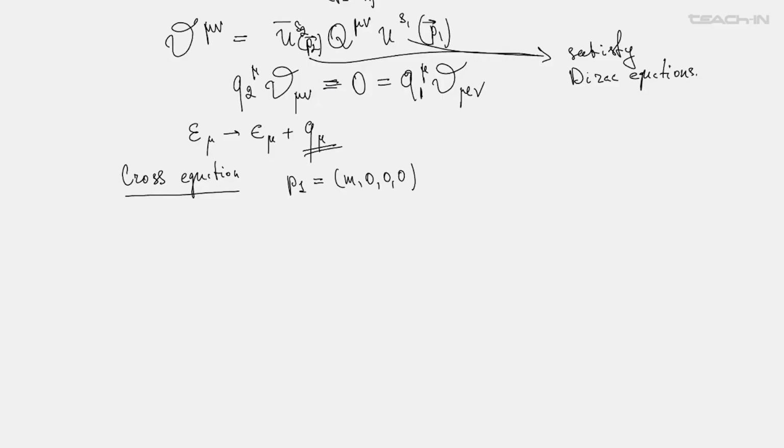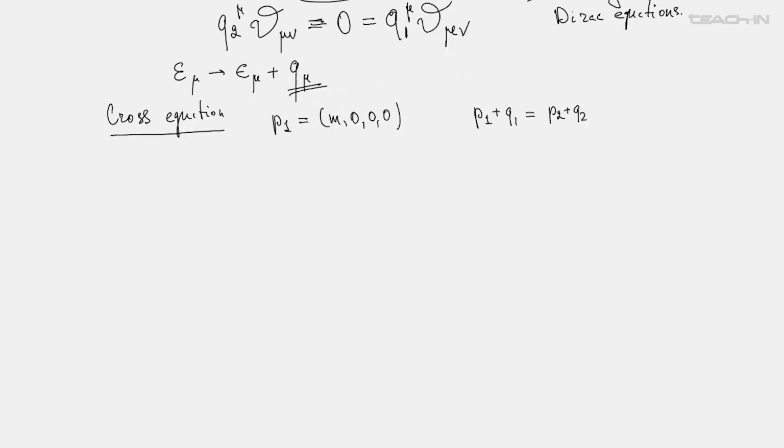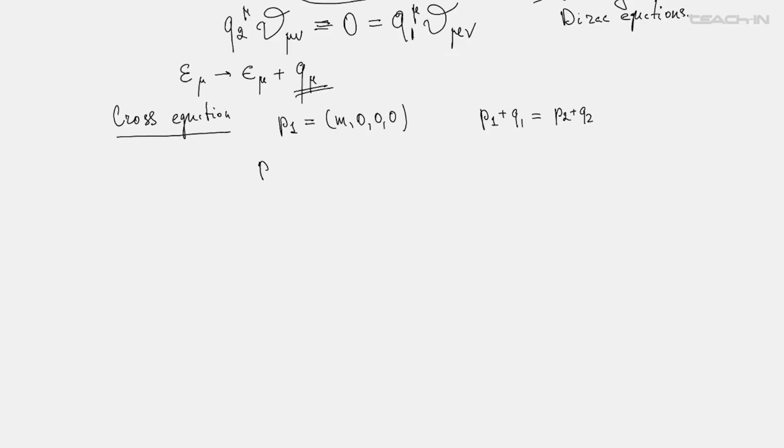That's a conservation law for four-momenta. It can be split into the conservation of energy, P10 plus Q10 is equal to P20 plus Q20, and the conservation of spatial momentum. Spatial momentum for P1 is 0, because we are in the rest frame of the first electron, and then P2 plus Q2.